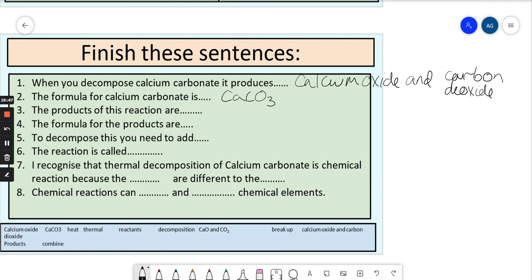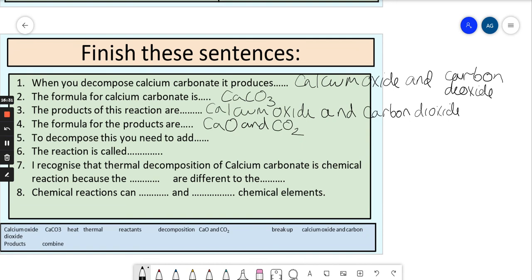The products of this reaction are calcium oxide and carbon dioxide. The formula for the products are CaO and CO2. To decompose this, you need to add heat.